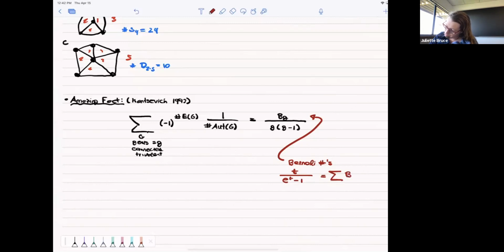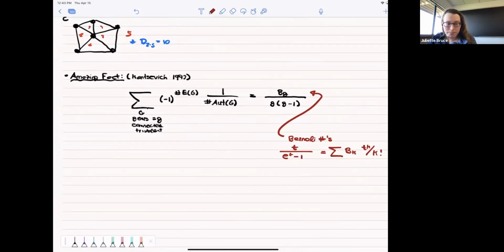So B_k is the term that appears in the series expansion of t divided by e to the t minus 1. So you get B_k times t to the k divided by k factorial. So this is maybe the definition of Bernoulli numbers for some. And so B2, for example, would be 1/6. B3 is 0. B4 is negative 1/30.